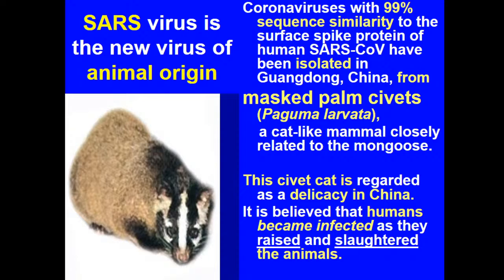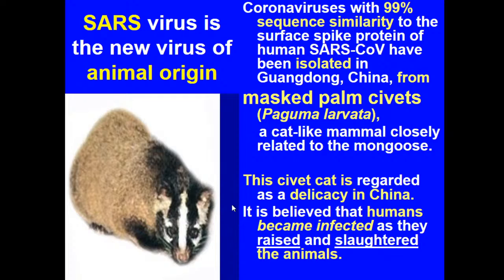So what was the hypothesis of the origin of the virus? It appears that the SARS virus, as we know now, showed 99% nucleotide sequence similarity to the surface spike protein of the human SARS coronavirus that had been isolated in Guangdong, China, from the masked palm civet.